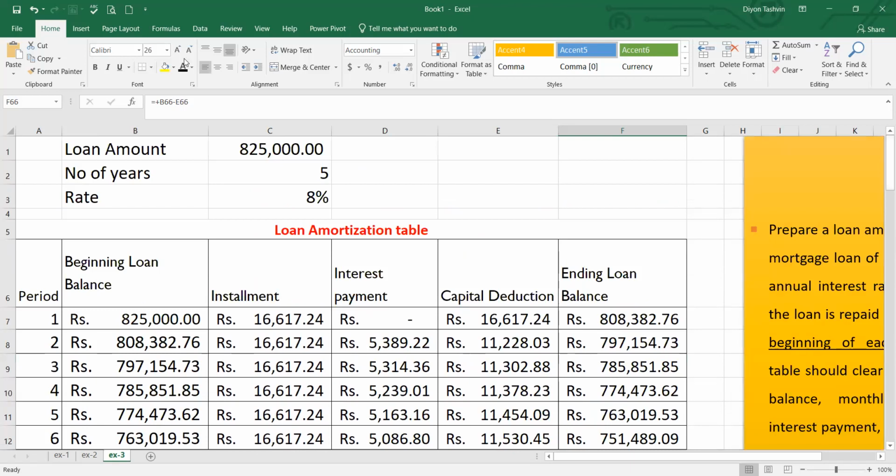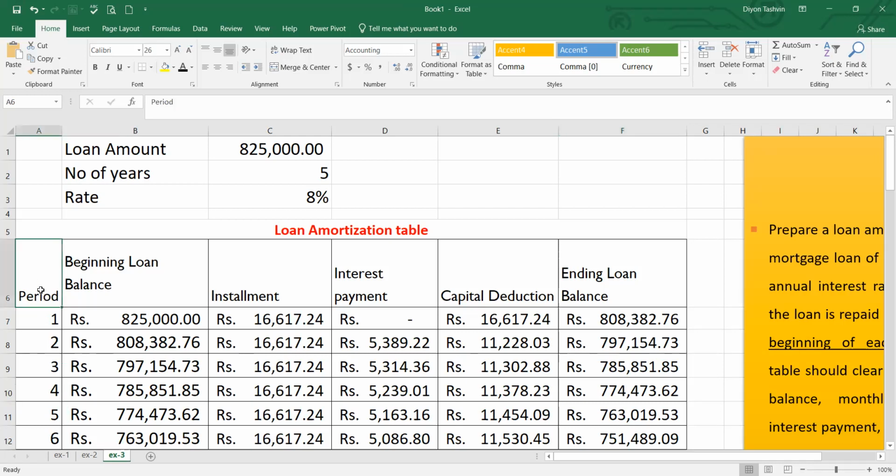In the exam, there may be 5 to 10 marks for a loan amortization table. If there is a graph, then you will have another additional 4 to 6 marks for the graph as well. So now let's see how we can put the interest and capital deduction together in one chart.